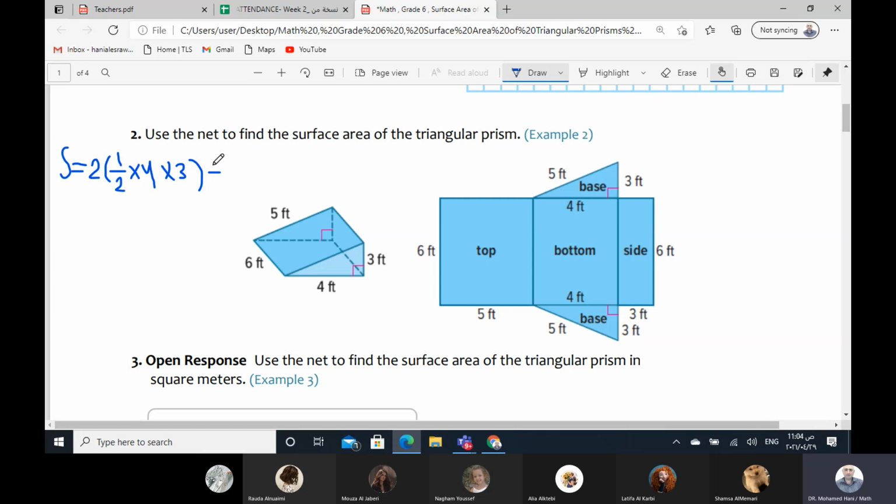Plus the area of the bottom. Here you have a rectangle, length times width. The length will be 6, so 6 times 4.